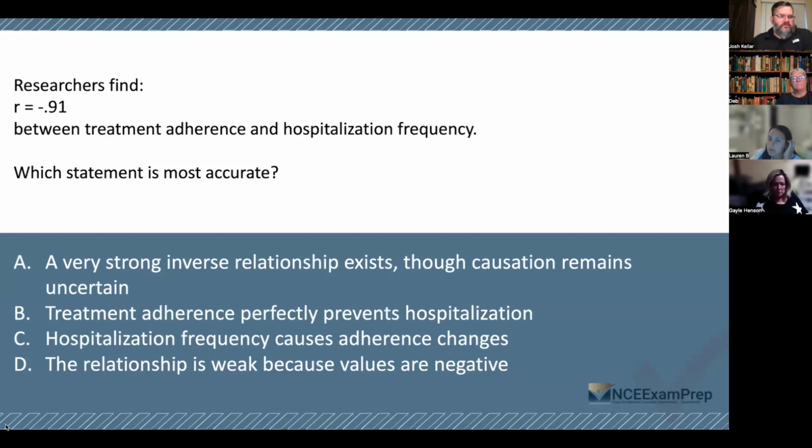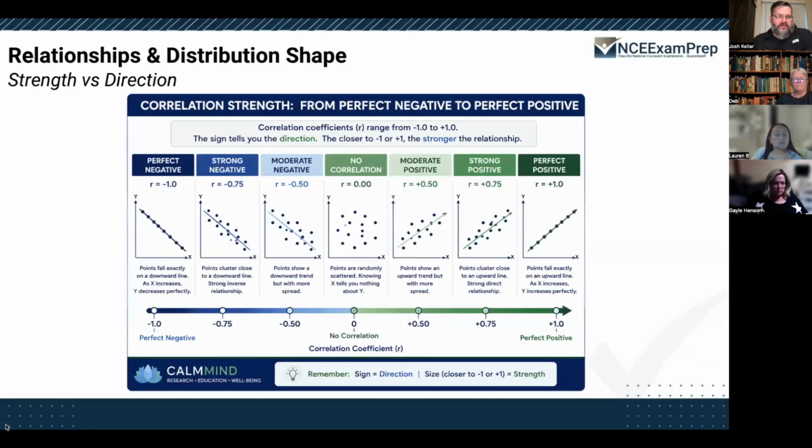So remember this number, the correlation coefficient is negative 0.91. At negative 0.91, where do we plot that? Close to negative 1.